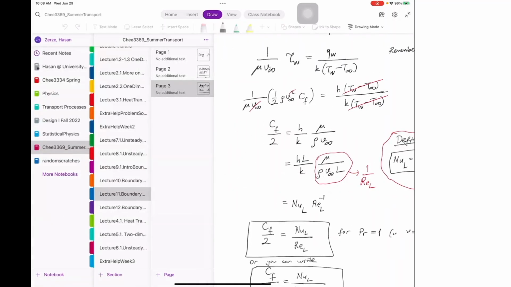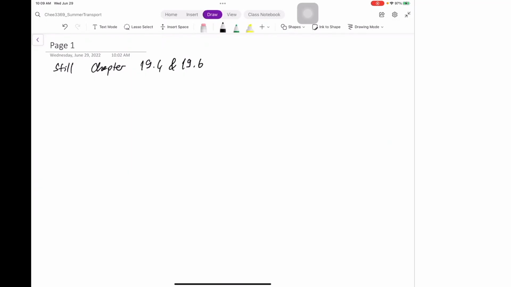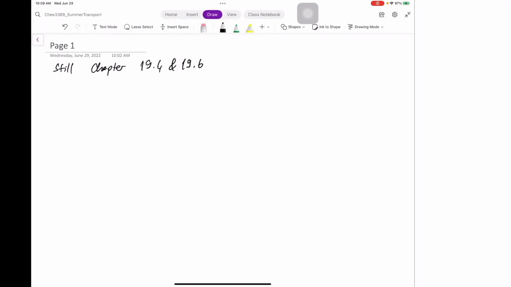Okay. And let's do more on this. Let's elaborate more on this, and let's talk about other cases. You can ask the question, what if the Prandtl number is not equal to 1, right? That's a legitimate question. And we can come up with another case. We can call it case 2.